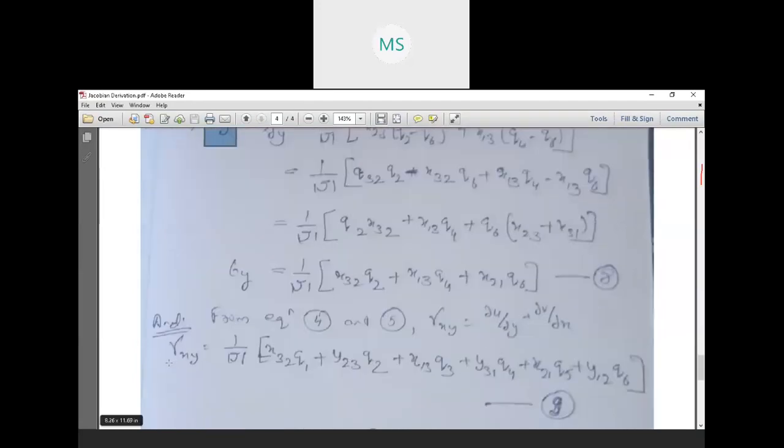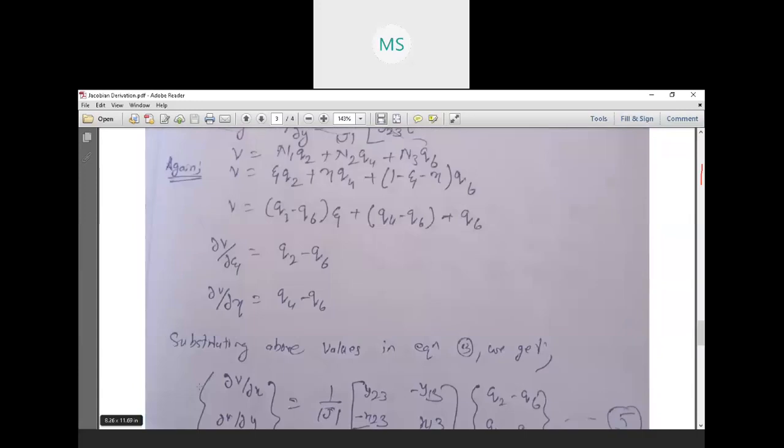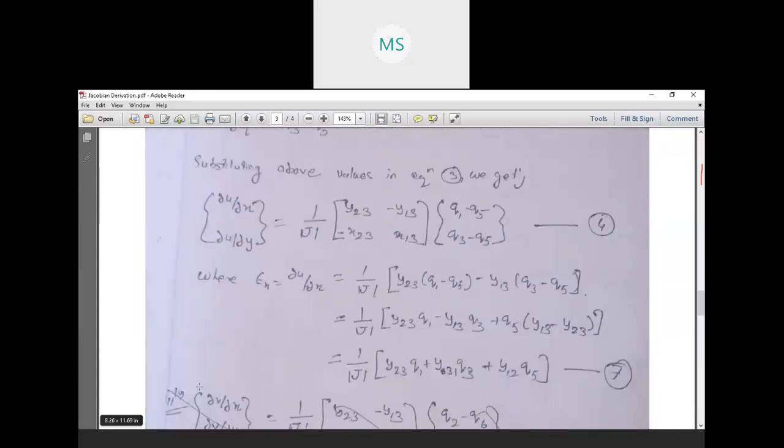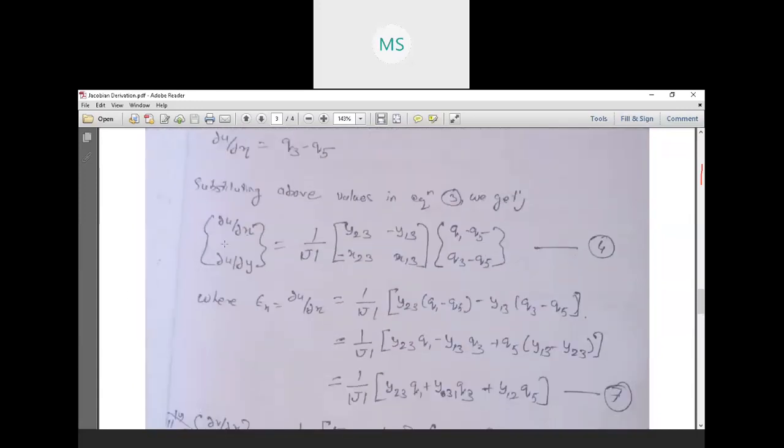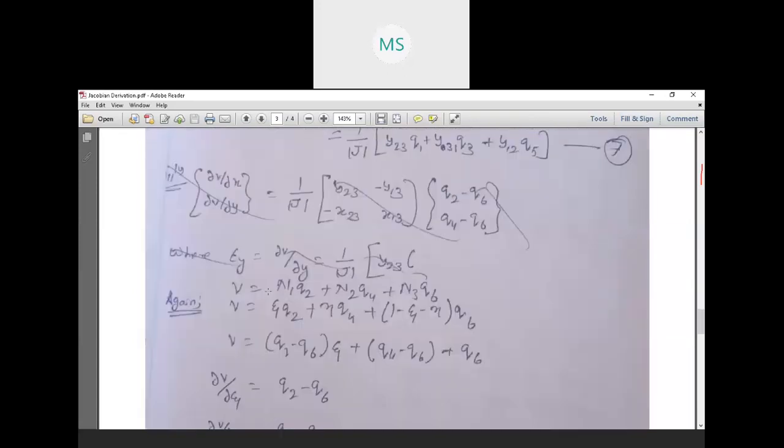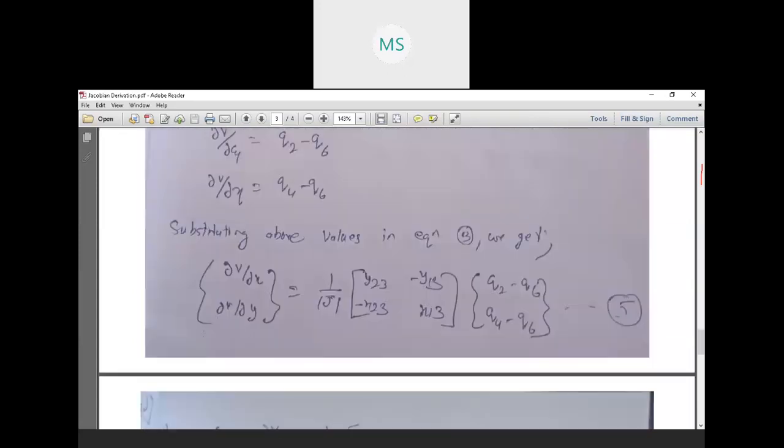Now what is my gamma xy? You can see here, it's none other than this one. I need del u by del y, which I can get from this, plus del v by del x. If I add these two, I will get gamma of xy.